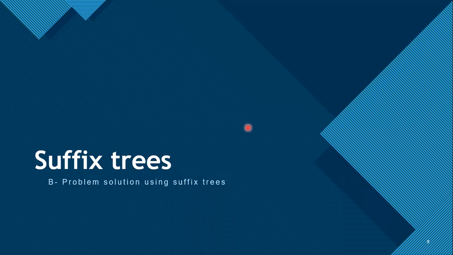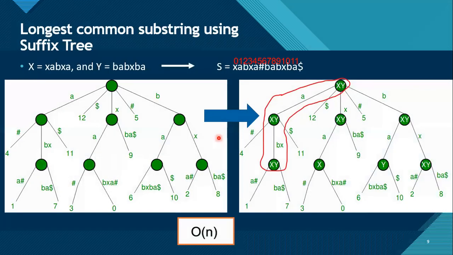Before going into the details of how to build the suffix tree in linear time, let's see how we are going to solve the longest common substring problem using a suffix tree. Given a first string x equal to xabxa, and a second string y equal to babxb, we want to find the longest common substring of these two strings.